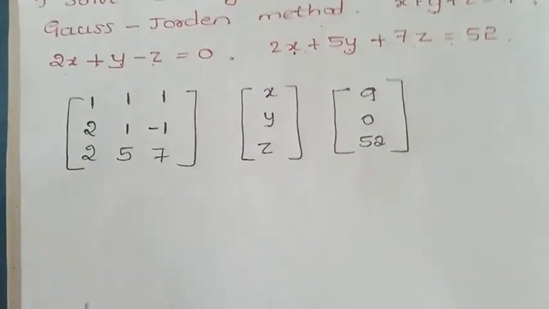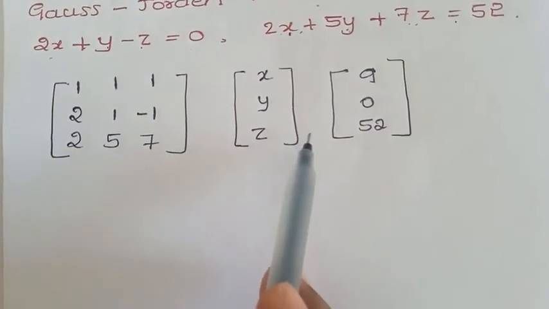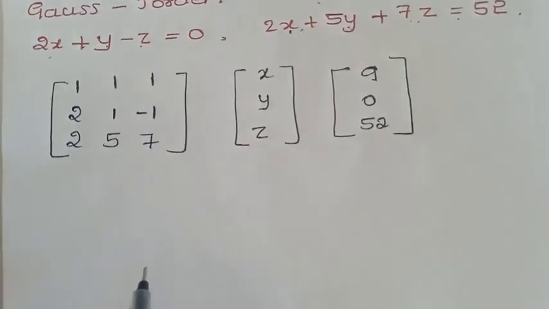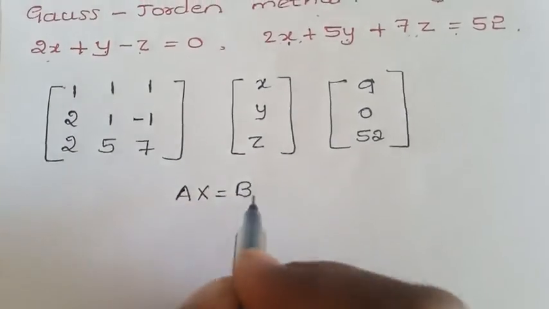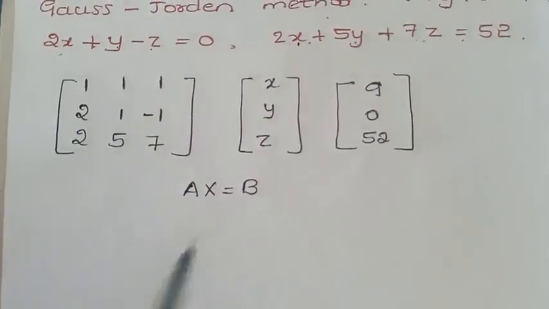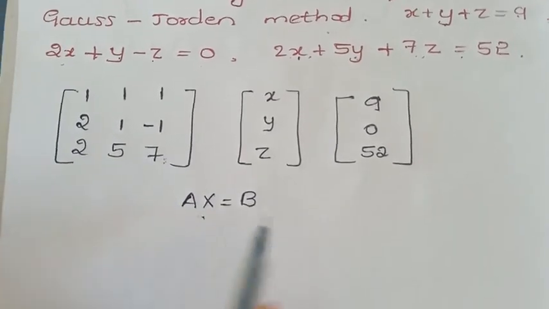So next step is we have to write this in an augmented matrix format. We all know the augmented matrix formula, that is AX is equal to B. So we'll write this matrix as an augmented matrix.